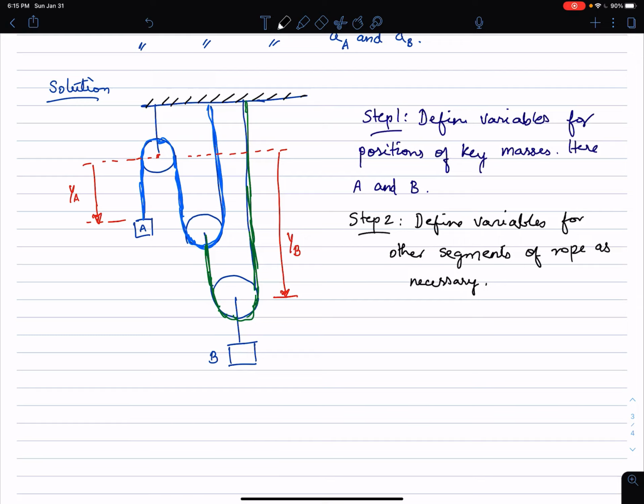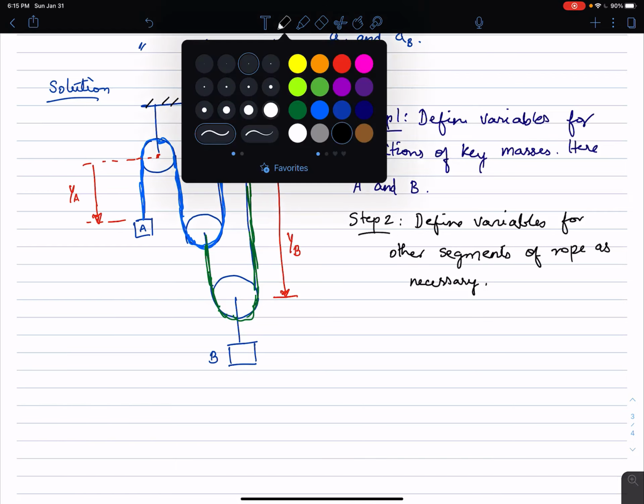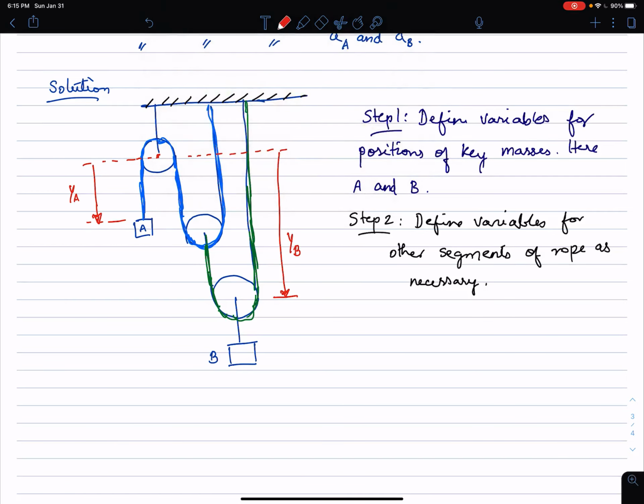Okay. So let's do that. Let me actually define this piece of rope to be Y2, okay?